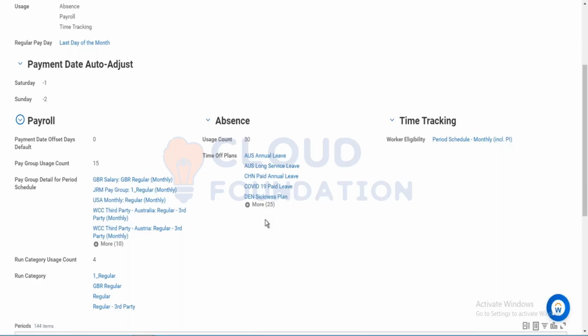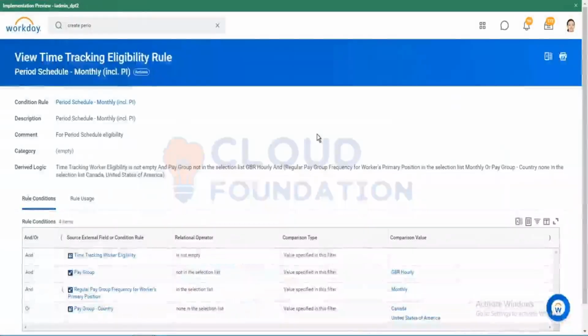For absence, they ask for time off plans, like which time off plan is using which period schedule, and inside the time off plan they have the eligibility to make people eligible. But when it comes to time tracking, only the period schedule comes into the picture: who are the workers who are eligible to use this period schedule?